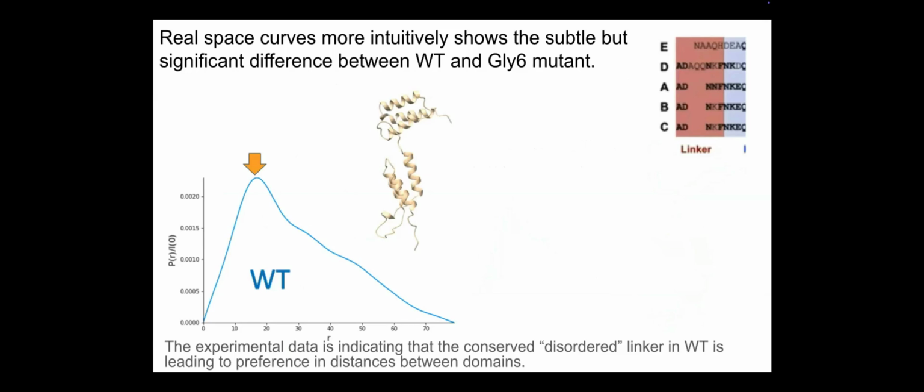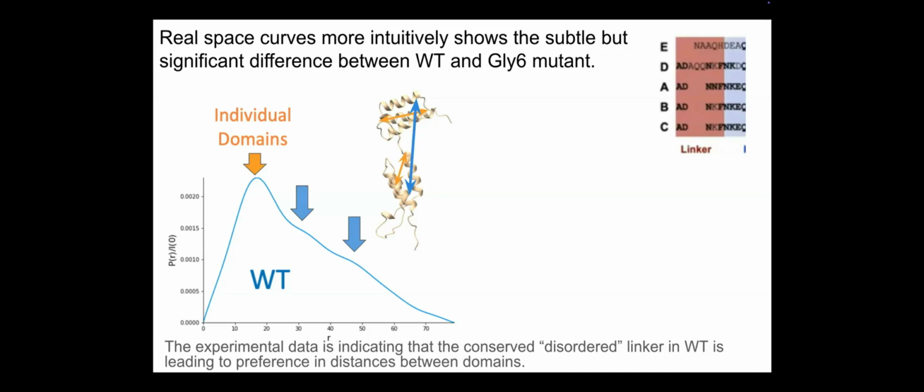Here's the wild type scattering pattern. The main part of the peak shows the distances within the individual domains, but the orientation between the two domains is shown in these longer distances. Particularly in the wild type, we see two shoulders indicating preferred distances.